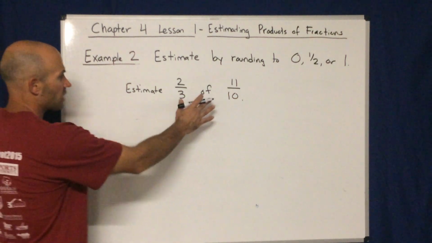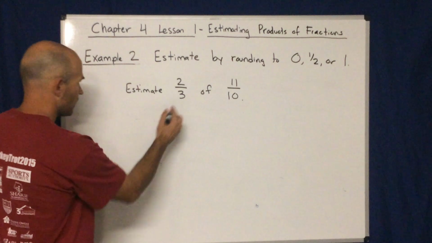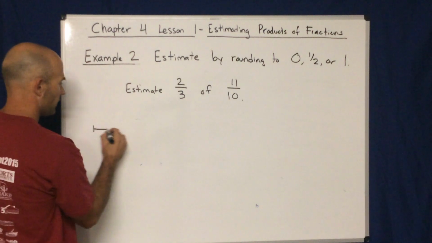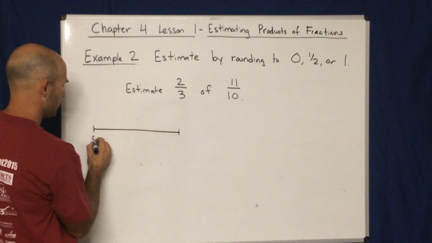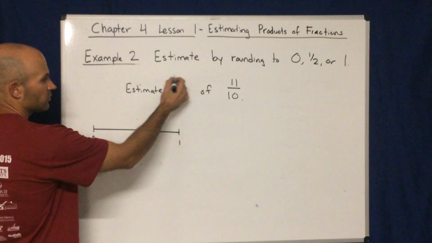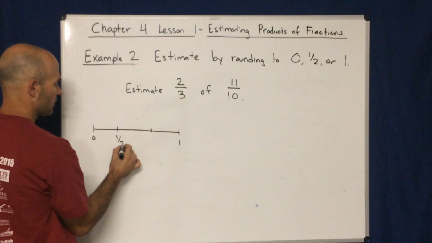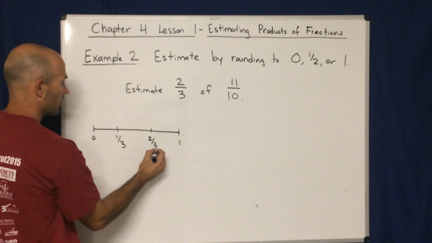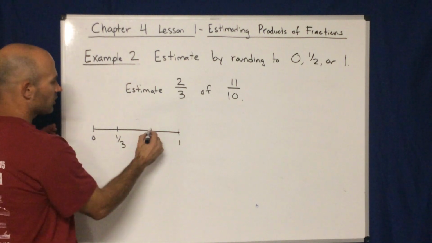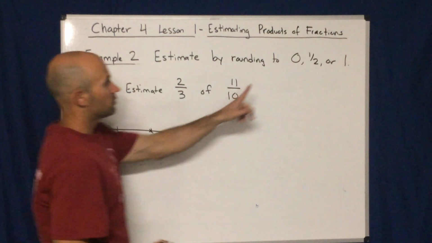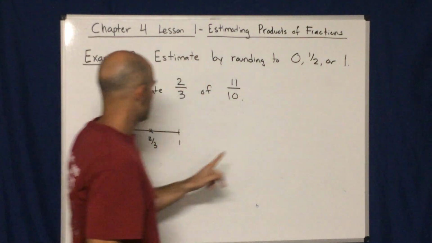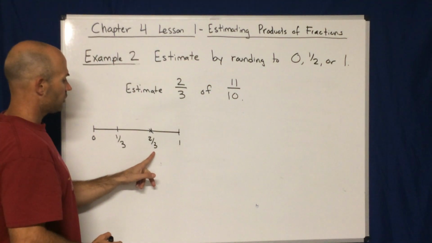So if I look at these fractions, I could think of them on a number line. 2/3, what's that look like? So here's from 0 to 1. I've divided this number line evenly into thirds, so this would be 1/3, and this would be 2/3. And then I just have to think, out of these three specific fractions, which one is 2/3 closest to?